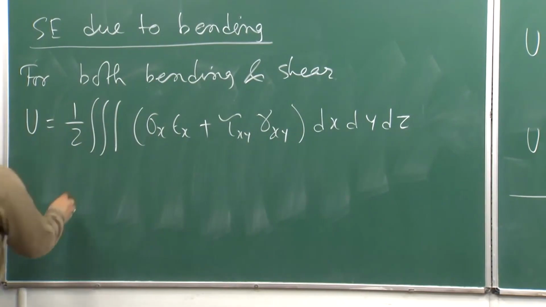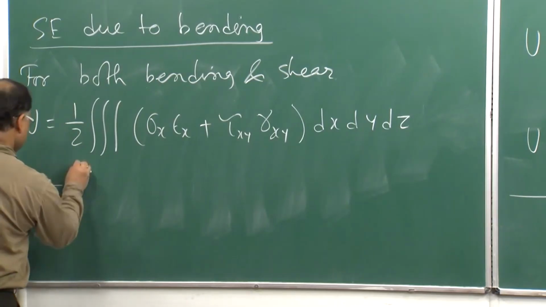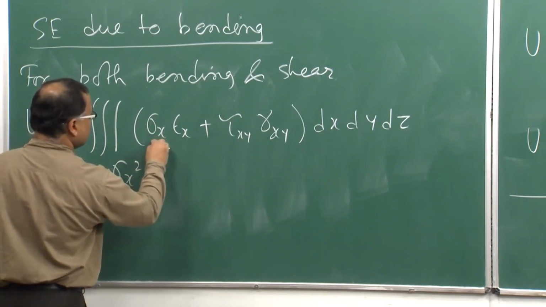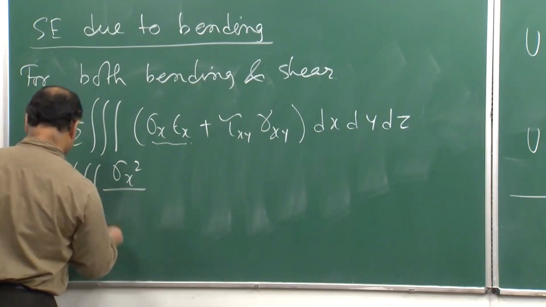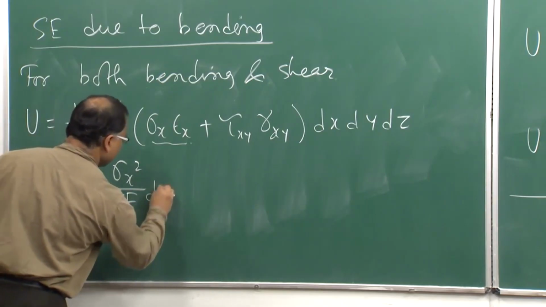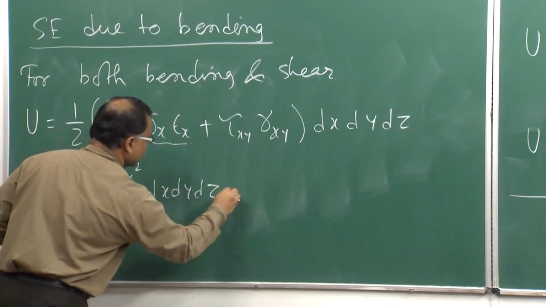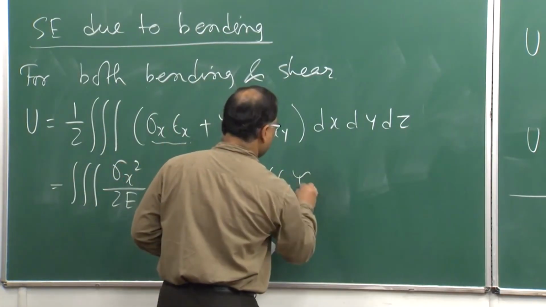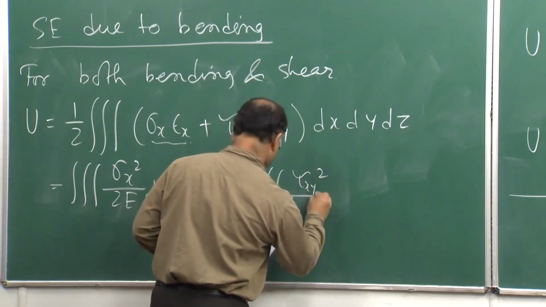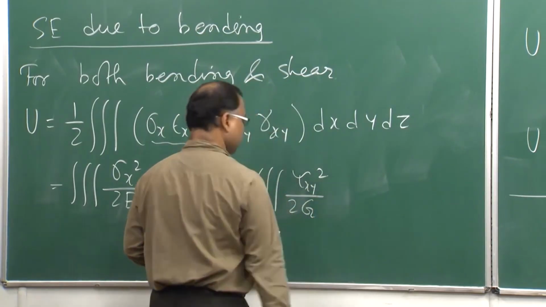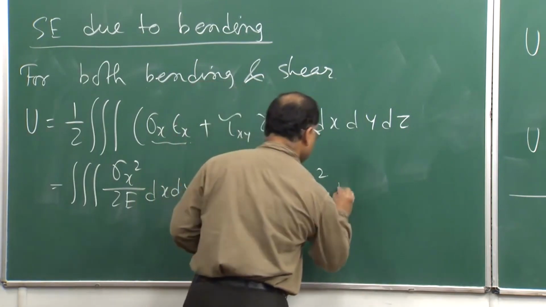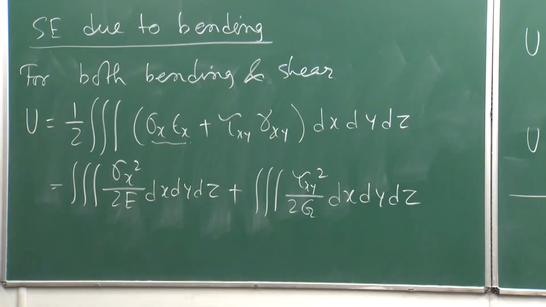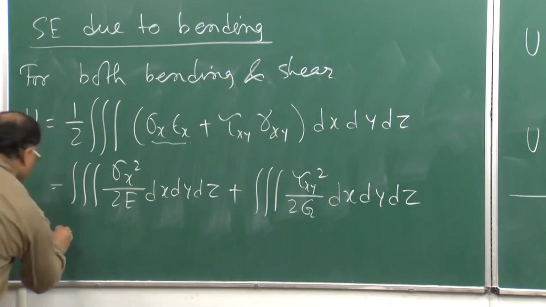So, from this I can simply write triple integration sigma x square by twice E dx dy dz plus triple integration tau xy square by twice G, where G is the shear modulus, dx dy dz.